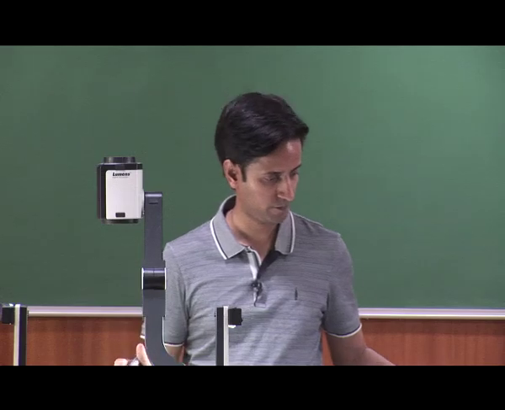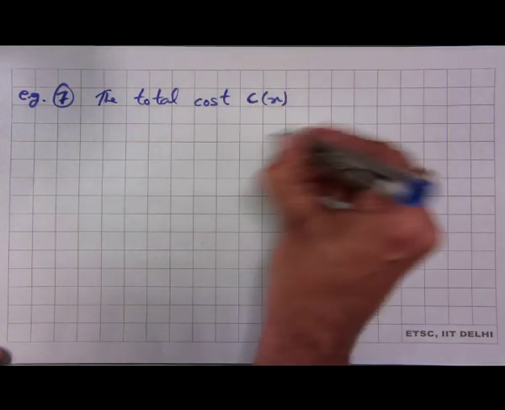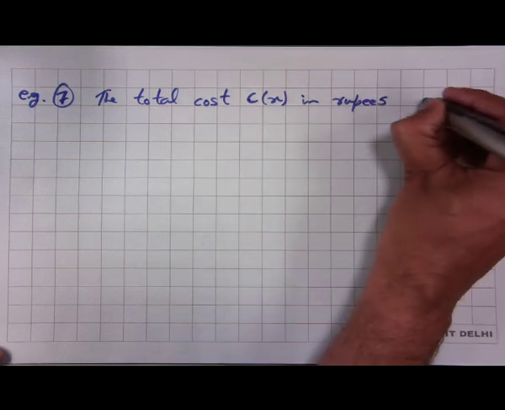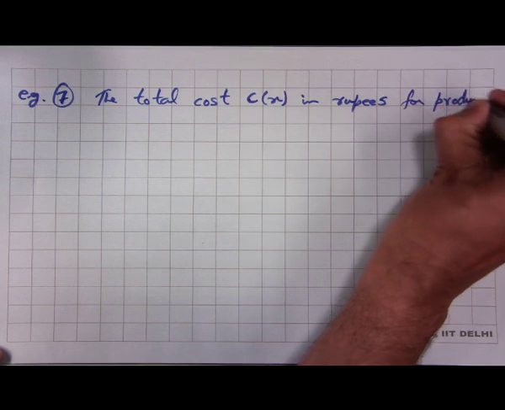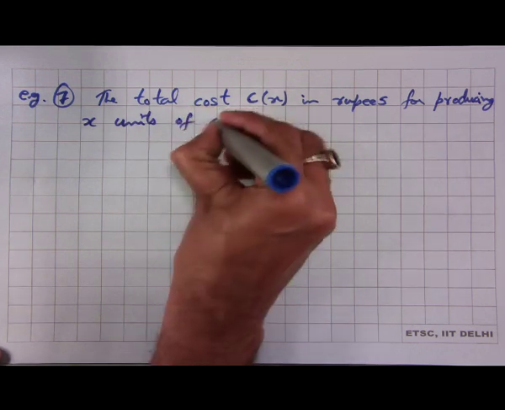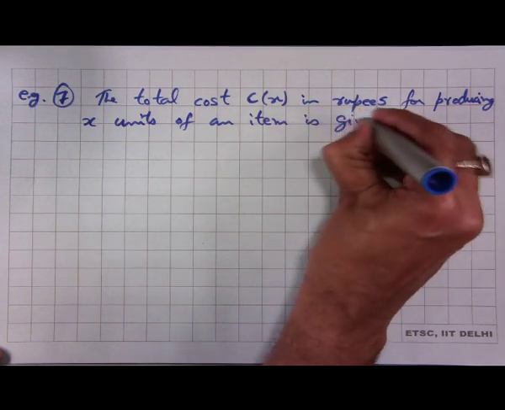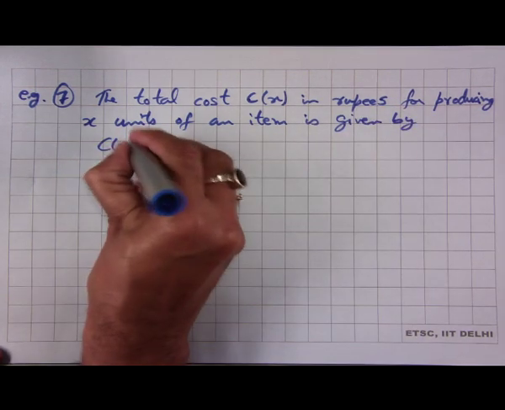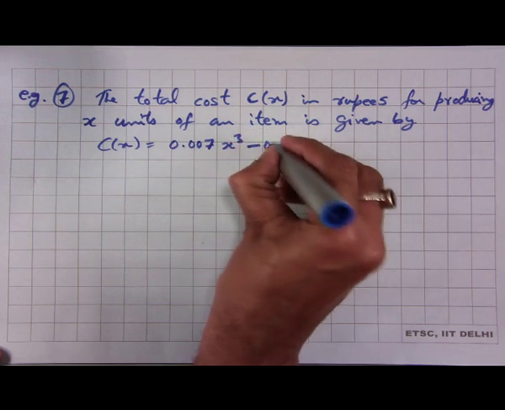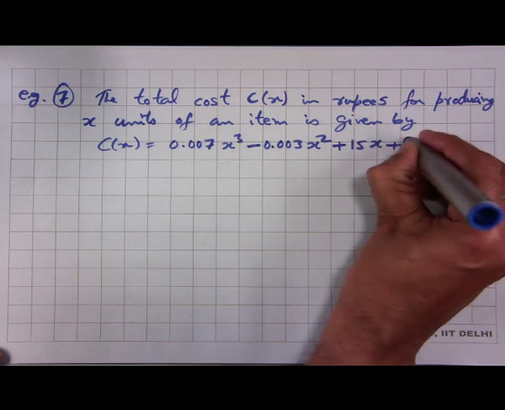So, for example, suppose the total cost C of x in rupees for producing x units of an item is given by C of x is 0.007 x cube minus 0.003 x square plus 15 x plus 4000.